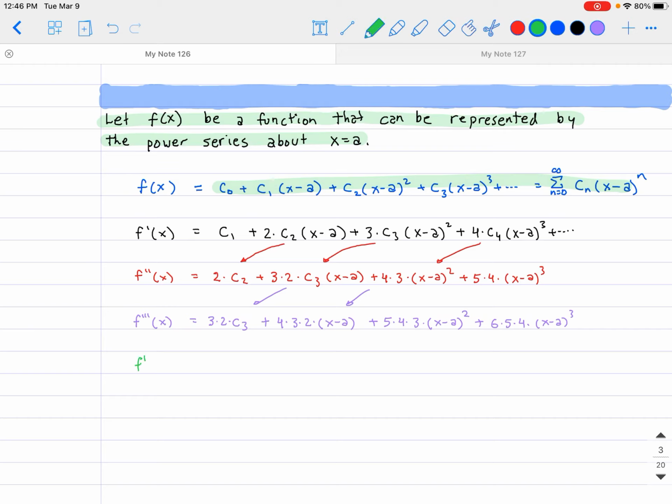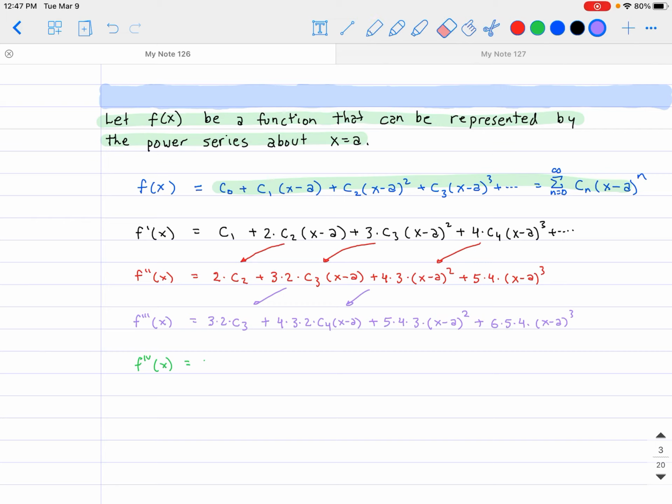All right, one last time over here, and then we can put it all together. Now I'm going to take the fourth derivative. Actually, it seems like I'm missing something. I'm missing all the coefficients for each one, and that is a big boo-boo. So let me sneak that in if it's okay with you guys. That's c3, and then this guy right here should have a c4, and then that's x minus a.